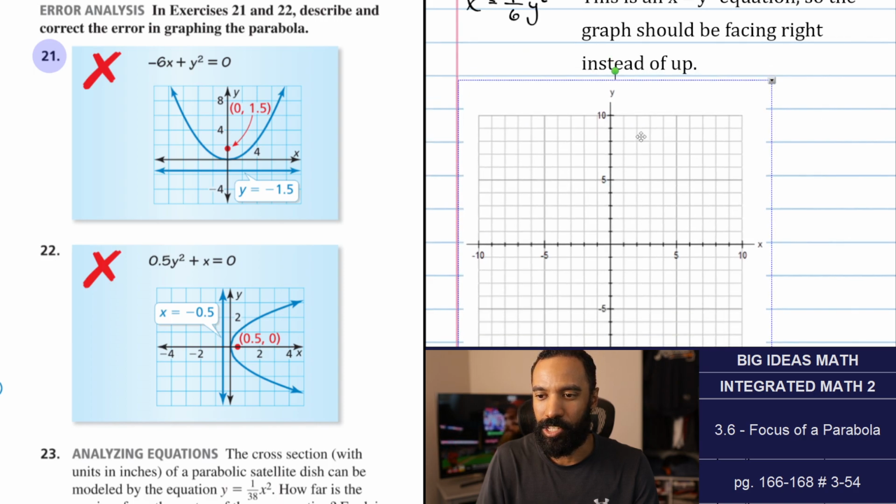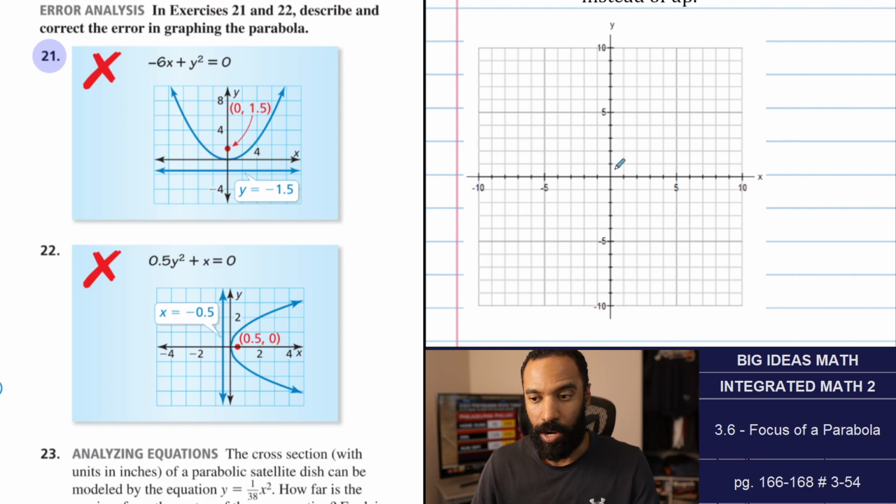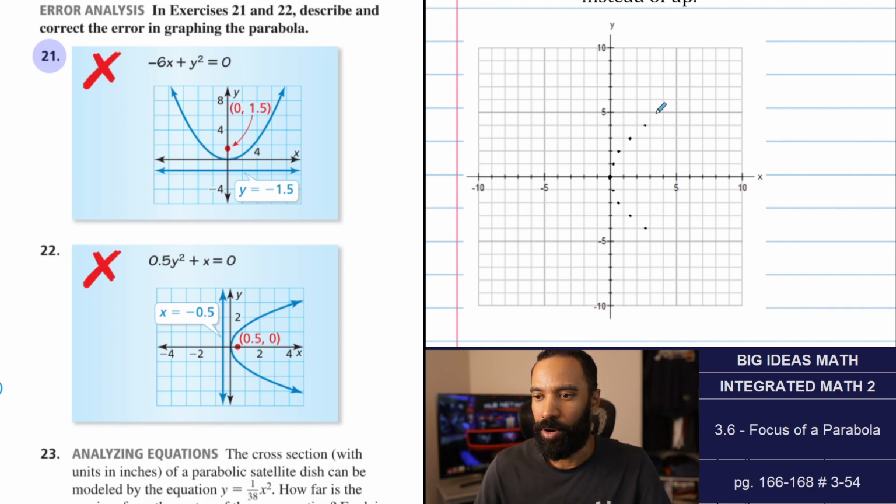Let's correct it. We got x equals 1/6 y squared. Their p is correct. It just kind of works in this other way. So over 1, or up 1 over 1/6, up 4 over 1/6 of 4, which is 2/3, up 3 over 1.5, that's 9/6. Let's go and reflect those ones across. 16/6 is 2 and 2/3. 25/6 is 4 and 1/6.